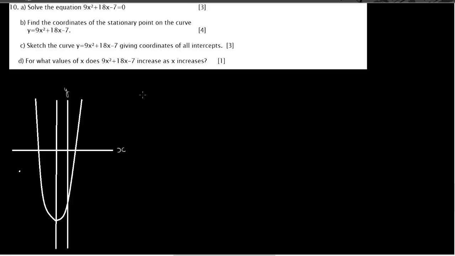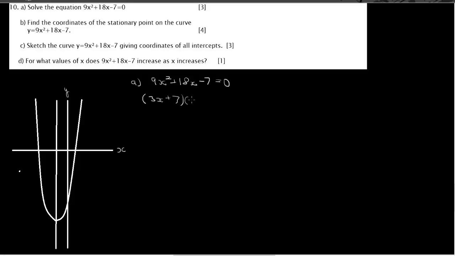That's the y-axis, that's the x-axis, and that's the curve. So first of all, we've got 9x squared plus 18x minus 7 equals 0. Now, there's several ways to solve that. Check, see if it factorises.